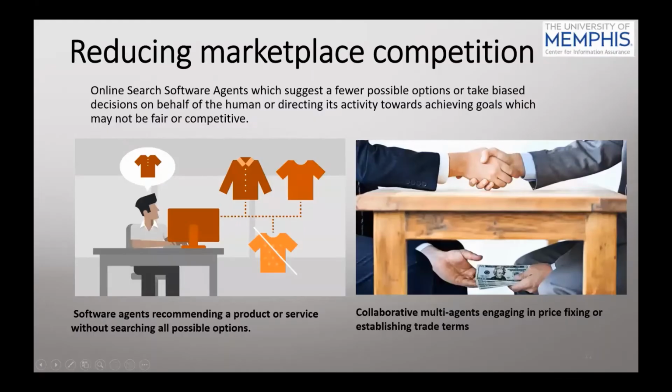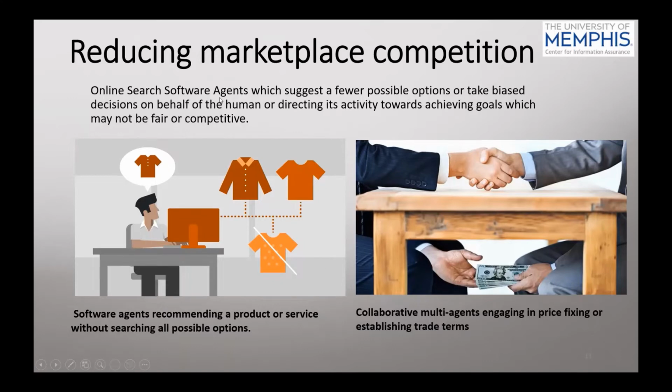Then here is another situation, if we don't use the AI algorithms in a proper way. For example, online search software agents which suggest fewer possible options or take biased decisions on behalf of the human, directing their activity towards achieving a goal which may not be fair or competitive. This gentleman is trying to look for a variety of dresses to order from.